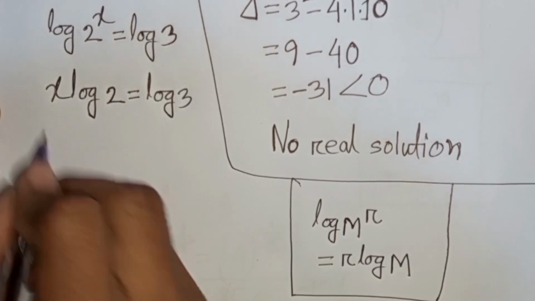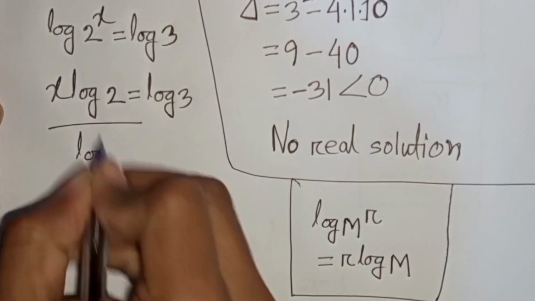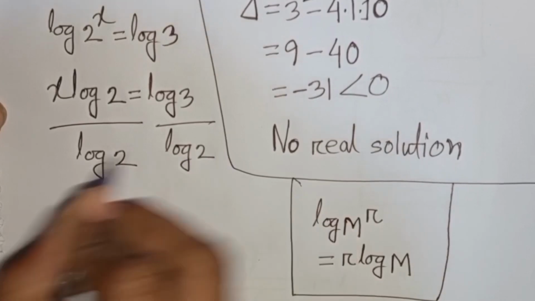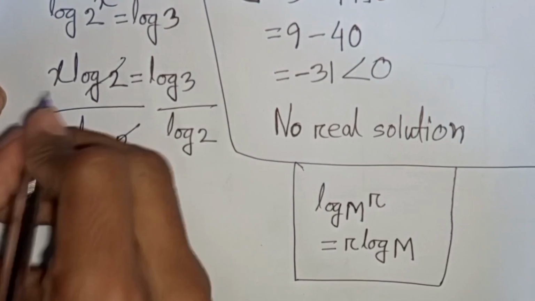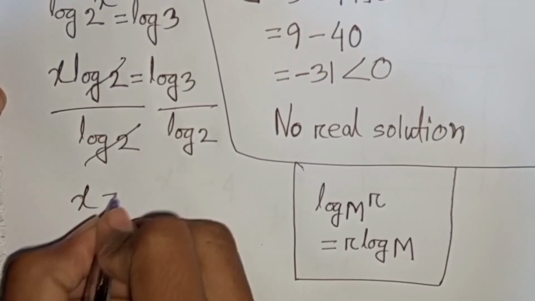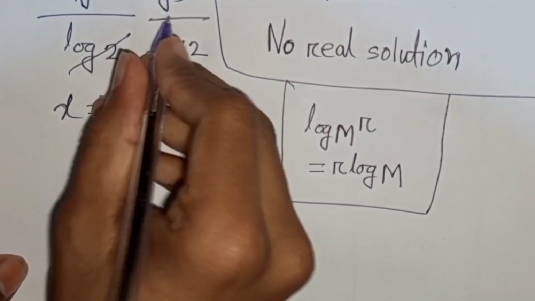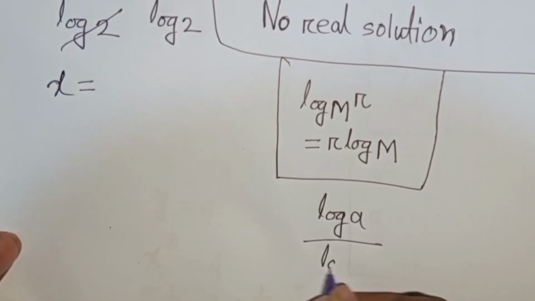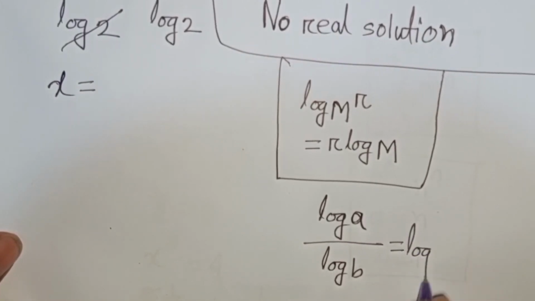Now we need the value of x, so divide by log 2 on both sides. Now we see this log 2 will be cancelled. So here x will be equal to, and here we can apply the formula log a divided by log b is equal to log a base b.